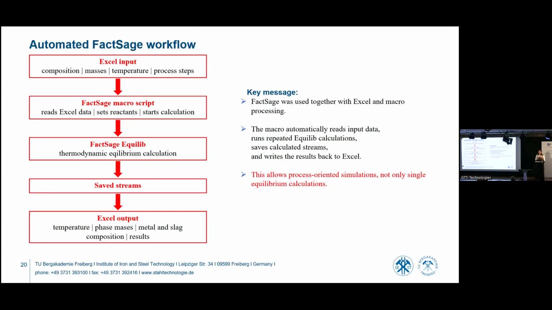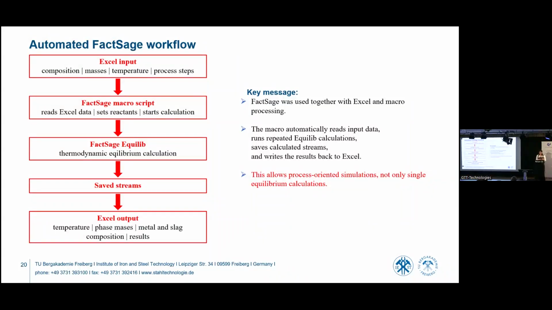So, the focus is not only on the thermodynamic results, but also on the workflow: Excel input, FactSage equilibrium, macro processing, and automatic output processing. And today I will show 3 examples. Firstly, I will show a desulfurisation simulation of hot metal.